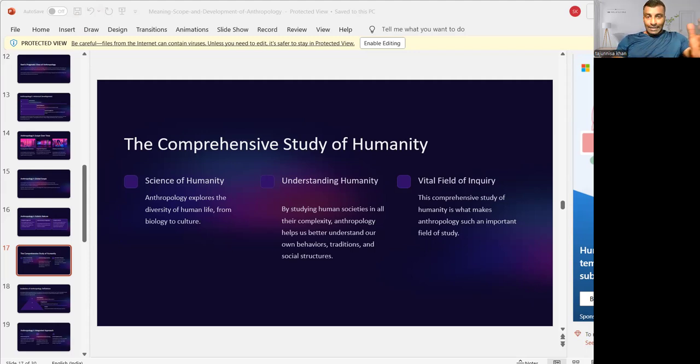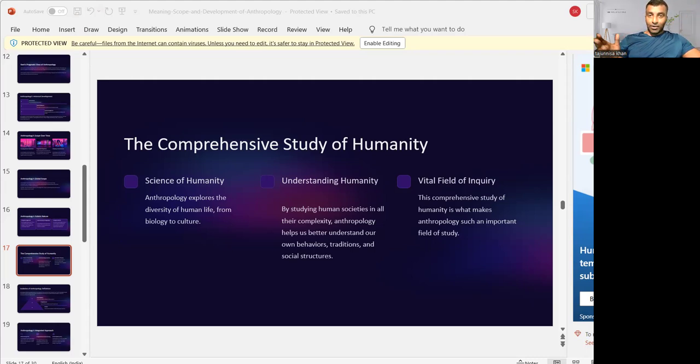Whether you're examining ancient civilizations or modern urban communities, anthropologists aim to understand what it means to be human. By studying human societies in all their complexity, anthropology helps us better understand our own behavior, our traditions, social structure, and culture. This comprehensive study of humanity is what makes anthropology such a vital field of inquiry.